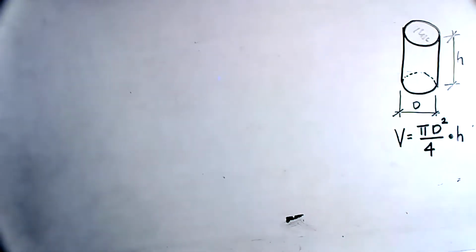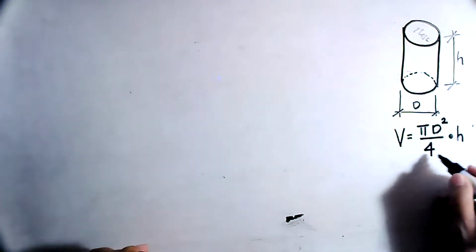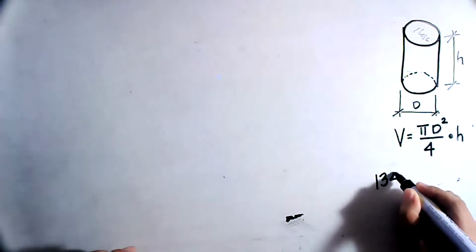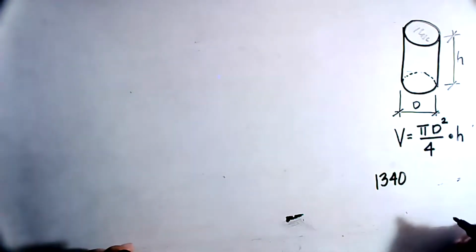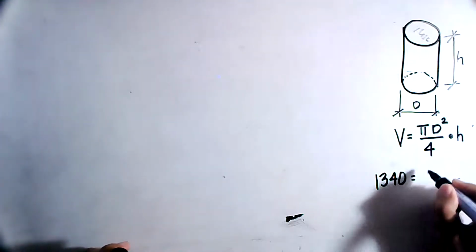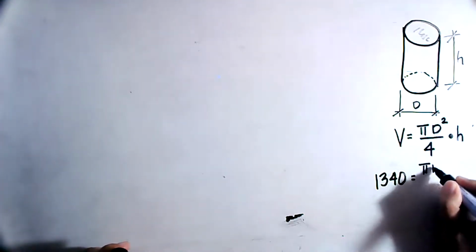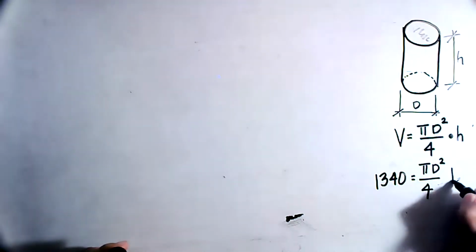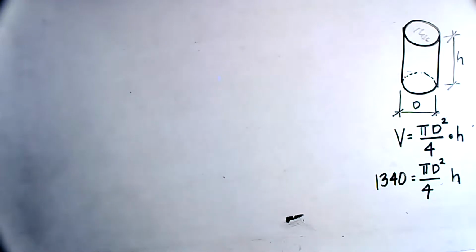From the equation of this volume, because we are given 1,340 cubic meter as the volume, we can equate this with pi d squared over 4 multiplied by the height of the cylindrical section. And again, to make the cost minimum, the area should be minimum also.